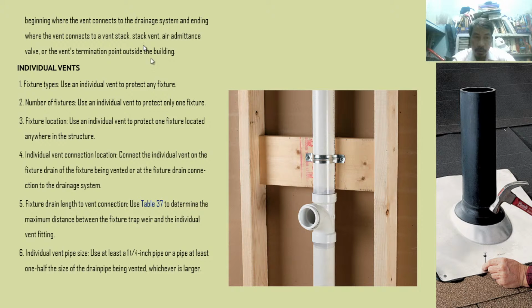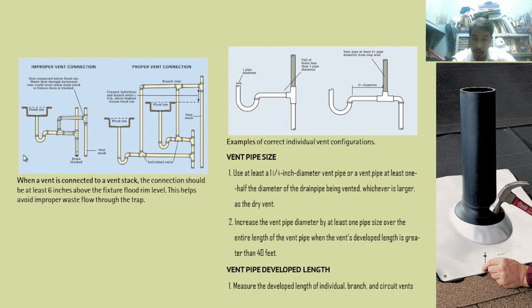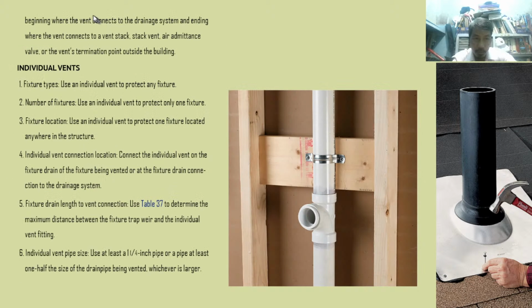How to measure the development length of the vent pipe: start from the drainage system and end where the vent connects to the vent stock, vent or air admittance valve, or the vent's termination point outside the building. So that's how we measure the development length.